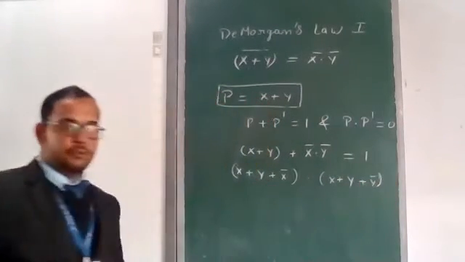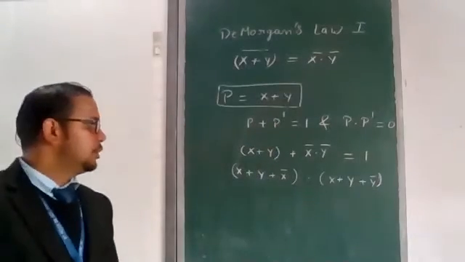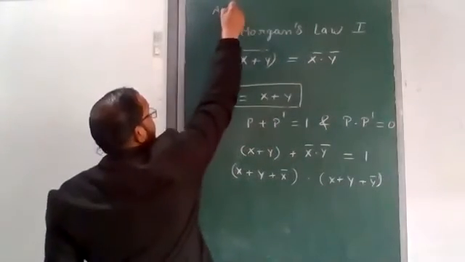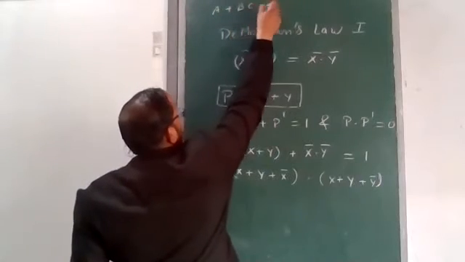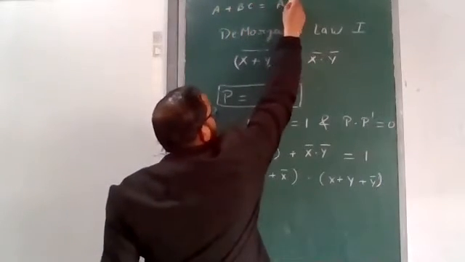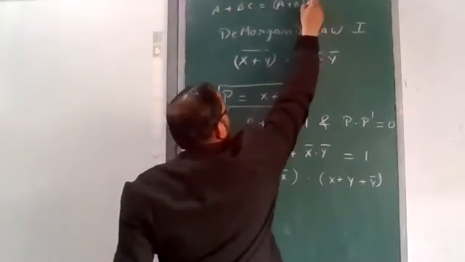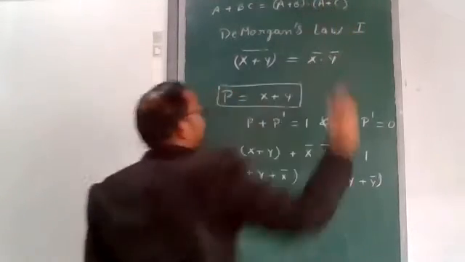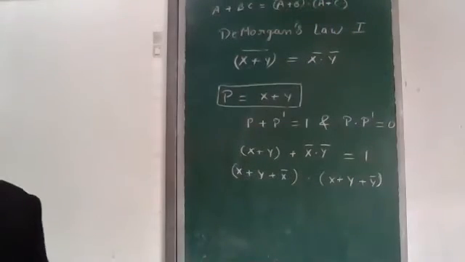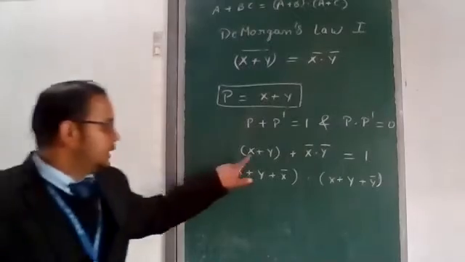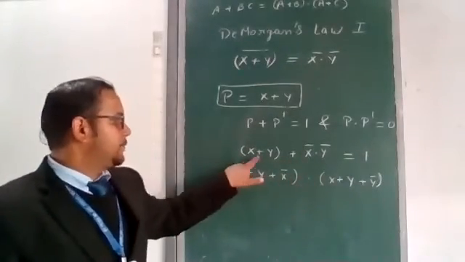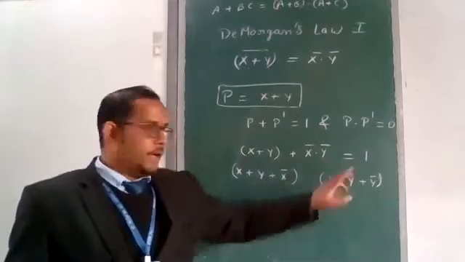Distributive property, the second one, like a plus bc equals (a plus b) dot (a plus c). This is the distributive second law.